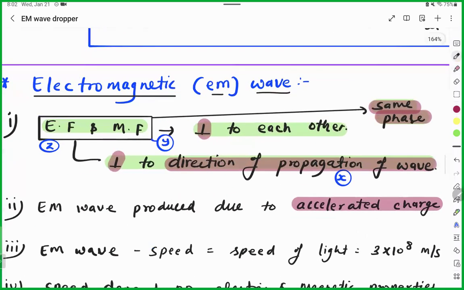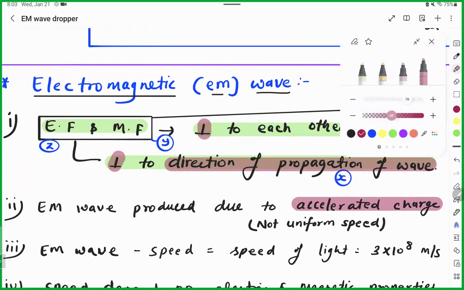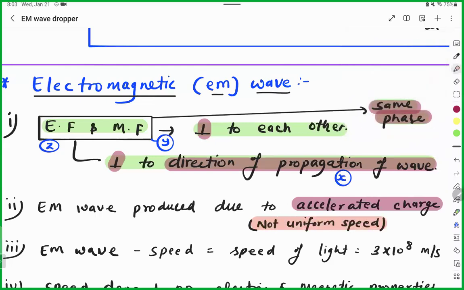So we will add: produced due to accelerated charge. Correct? It means the charge is moving with a changing speed, not uniform speed.